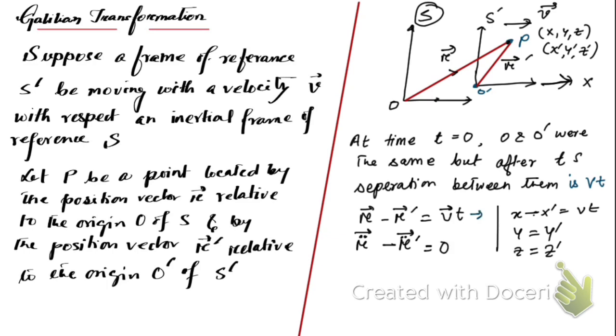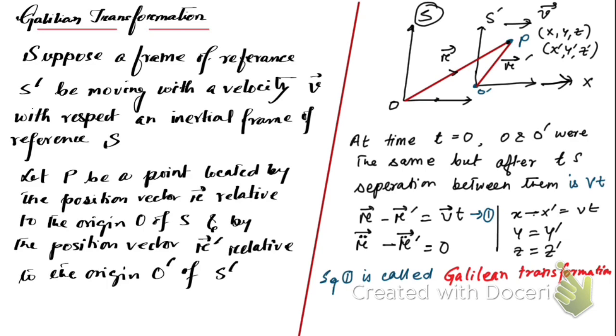Here equation number 1 is called the Galilean transformation.